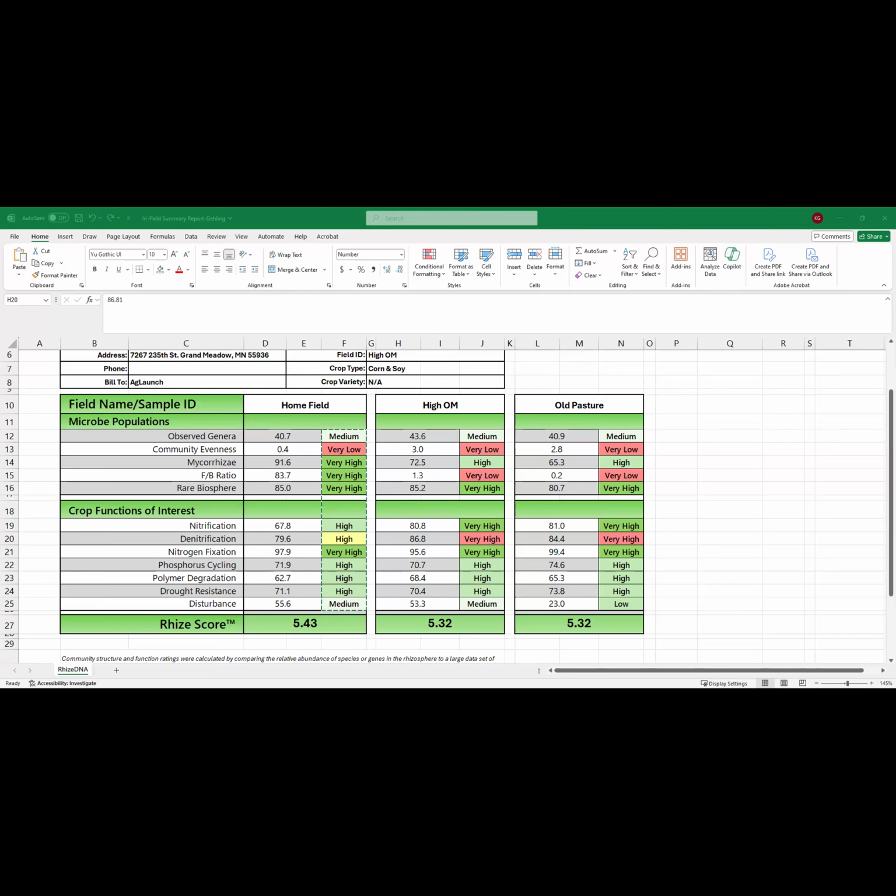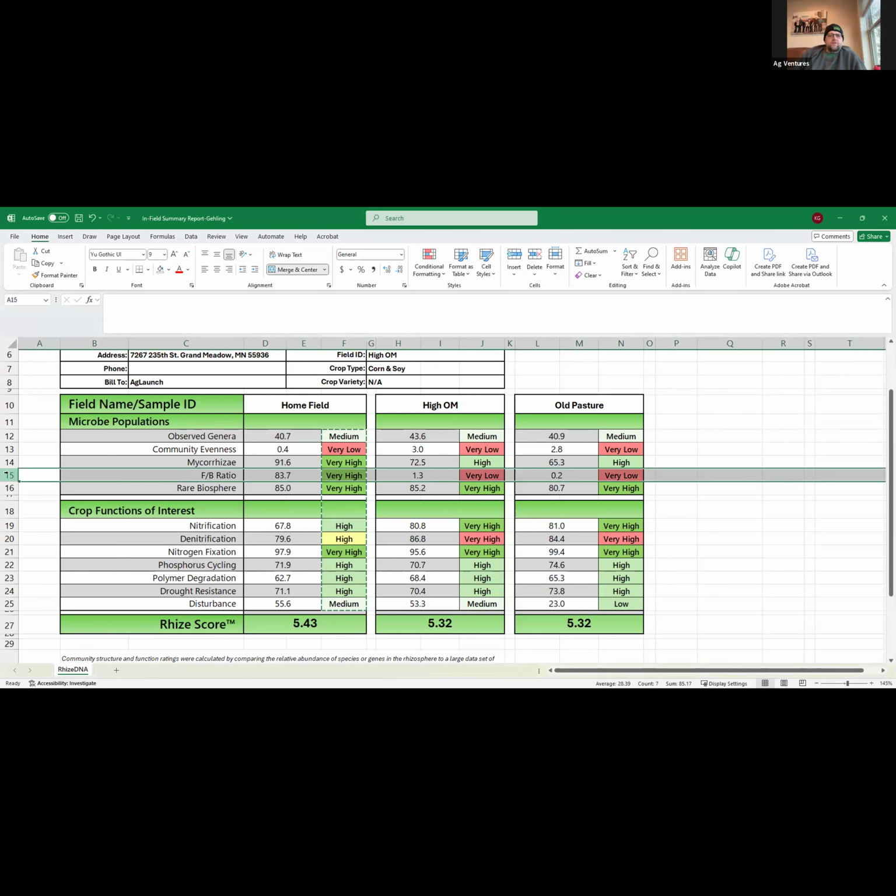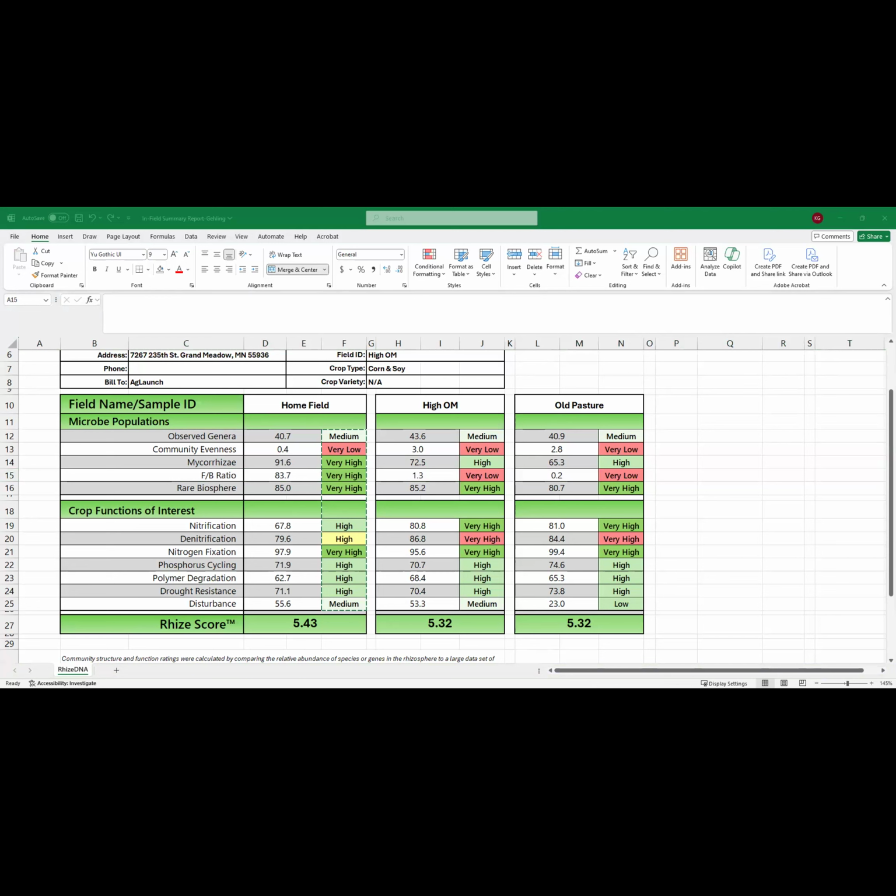Repeat your question again. Are you able to explain the differences between the fungal to bacterial ratio on the home field versus the high OM and the old pasture? I would think soil type, maybe a little bit. The home farm is what I call my lighter soil because it's under 5%.